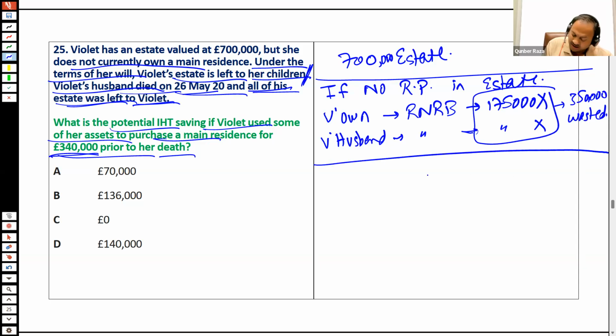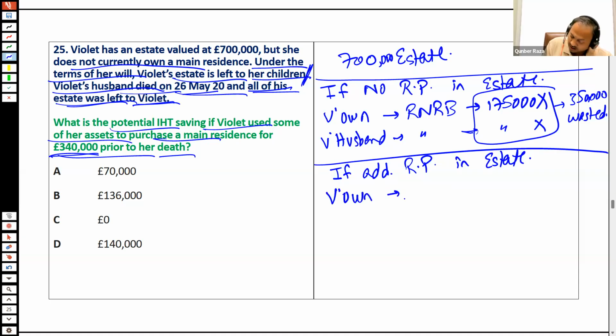Now, as a tax planning aspect, I am saying, Violet, if you add residential property in your estate, you will get your own RNRB of 175. You will get your husband's RNRB of 175.